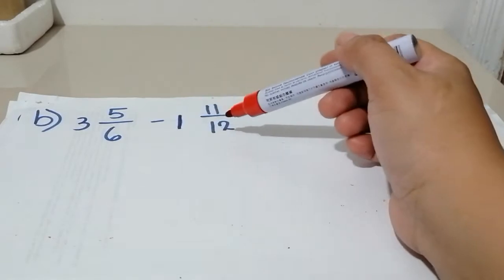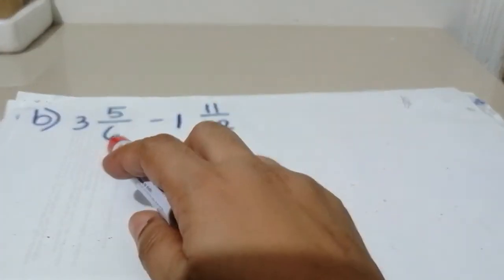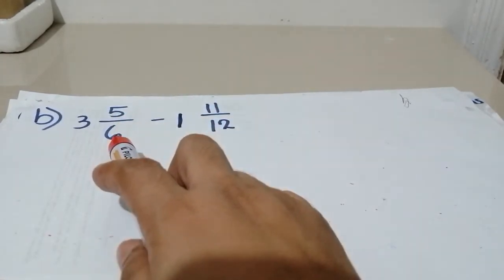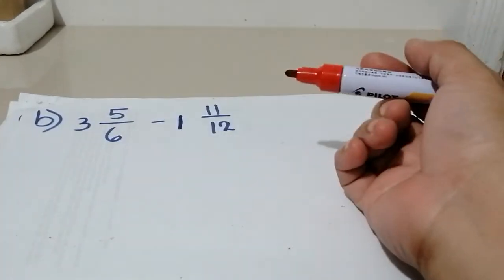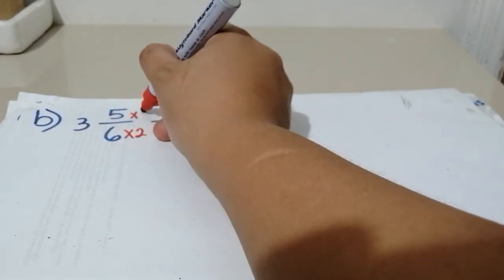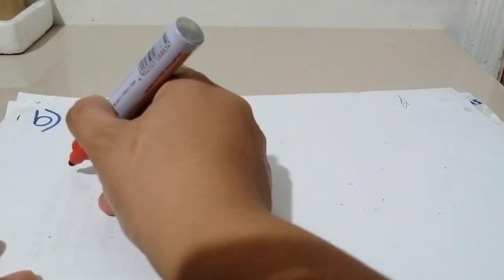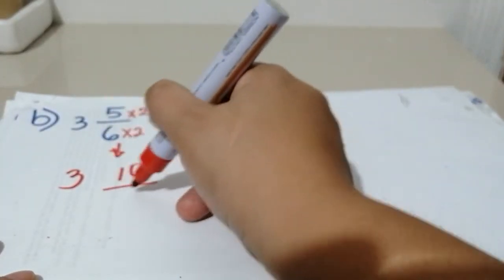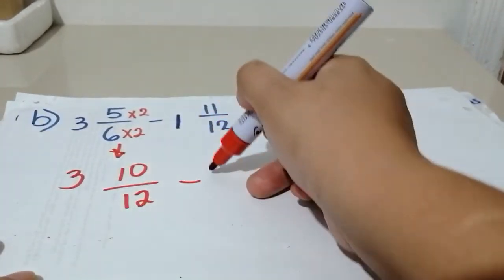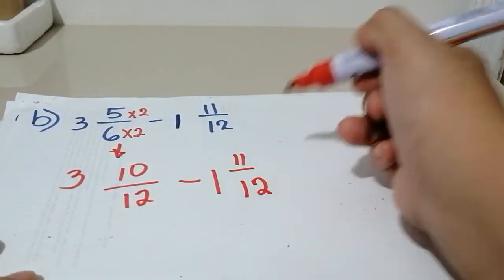And since 12 is a multiple of 6, kailangan natin mag-think ng number na imumultiply mo sa 6 para maging 12, and that is 2. So, imumultiply natin to ng 2 at dun sa taas ng 2. Now, we're going to write the new fraction. That will be 3 and 5 times 2 is 10 over 12. Tapos, kokopyahin lang natin yung nasa taas na 1 and 11 over 12.